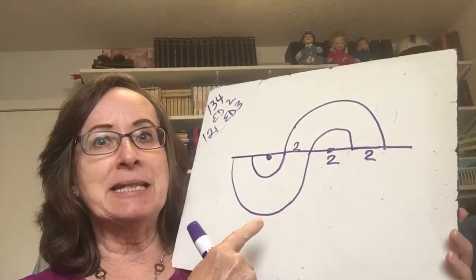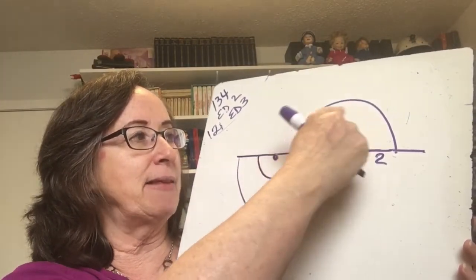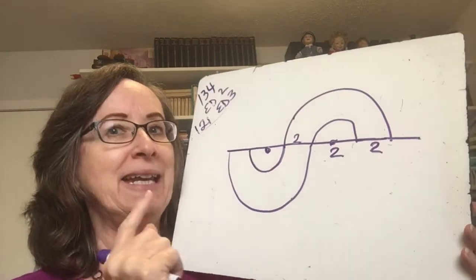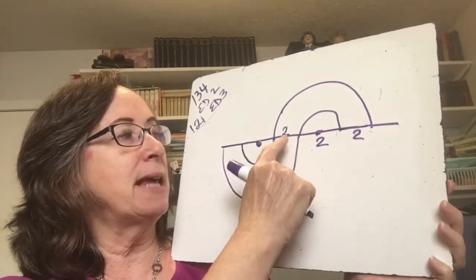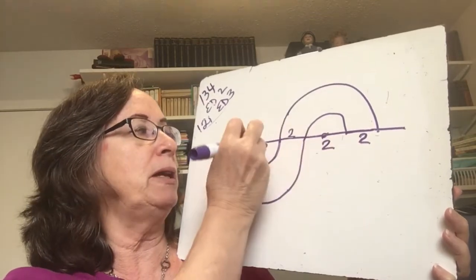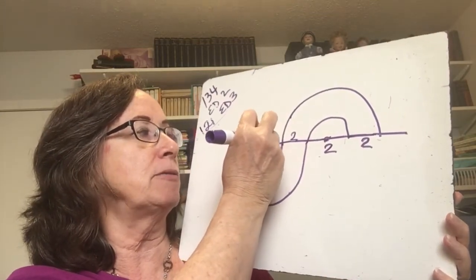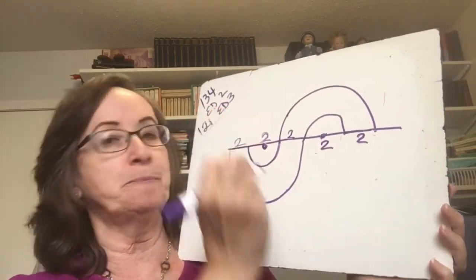Now, this is a symmetric figure. This is the same as this is. What if we drew it differently? Because this part right here is 2. We know that this part right here is also 2. And since that part is 2, we know that this part is 2.